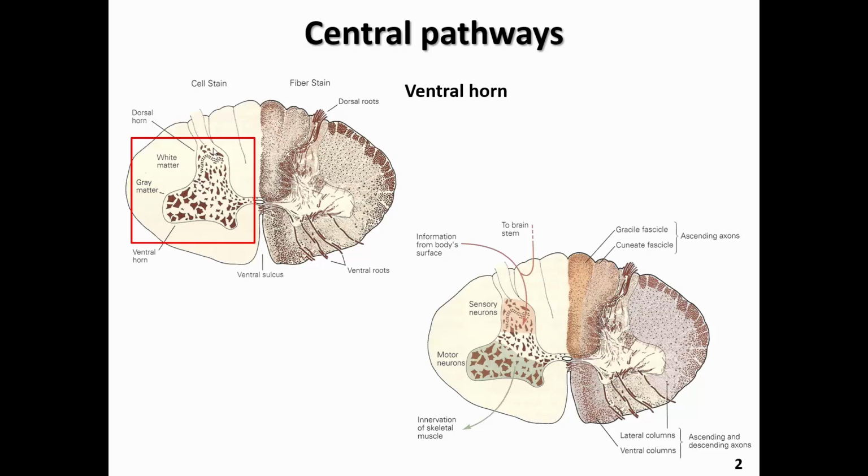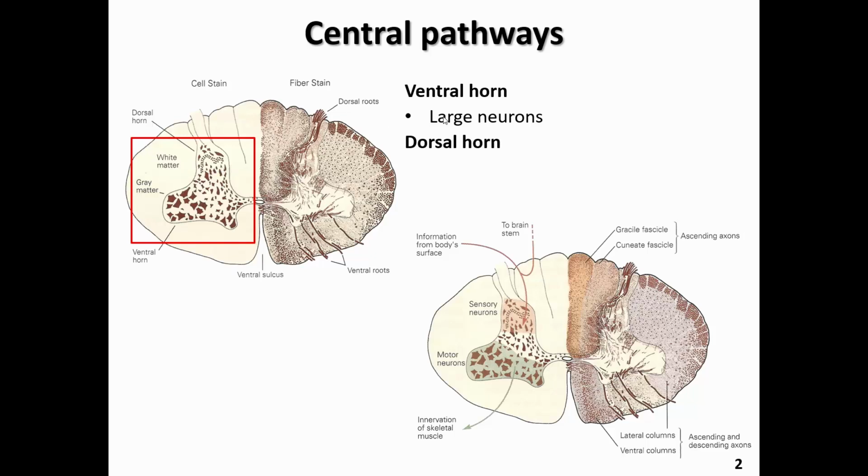And within the gray matter, there are two distinctive horns: a horn on the dorsal side called the dorsal horn, and a horn on the ventral side referred to as the ventral horn. At this particular level of the spinal cord, the ventral horn is considerably larger than the dorsal horn.